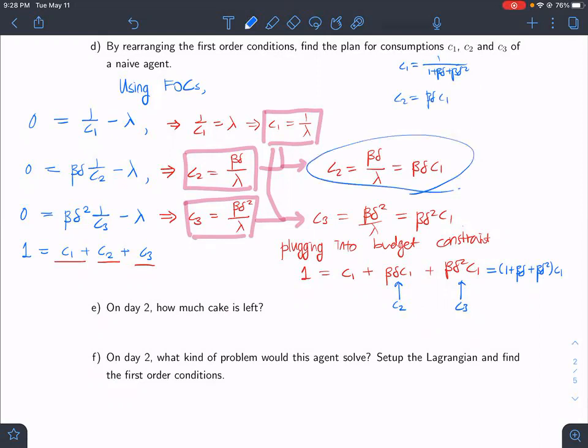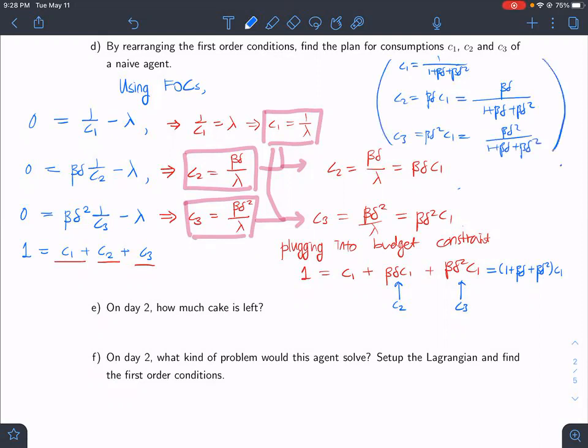So it's just multiplying beta delta to what we computed above. And C3 is beta delta squared C1, which is just beta delta squared over 1 plus beta delta plus beta delta squared.